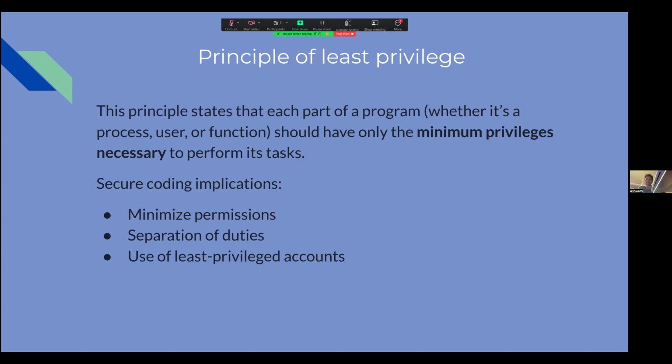Principle of least privilege is very straightforward, I would say. It states that any program, which could be a process or function, any user, any entity, should only have the least privilege possible for it to perform its tasks. It's quite straightforward, but it's very tricky to apply.